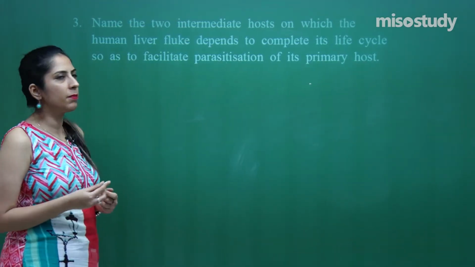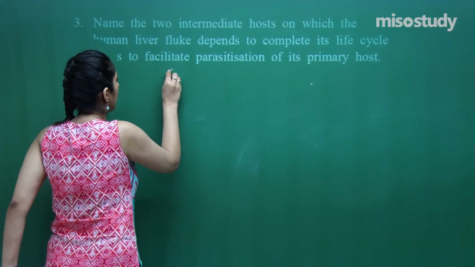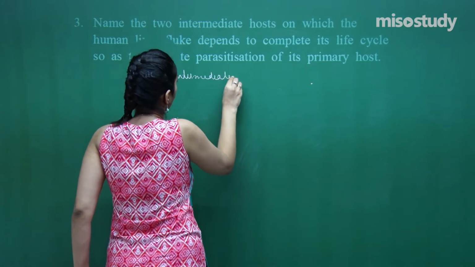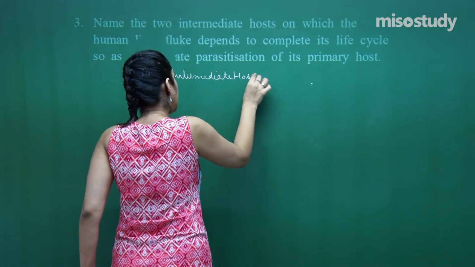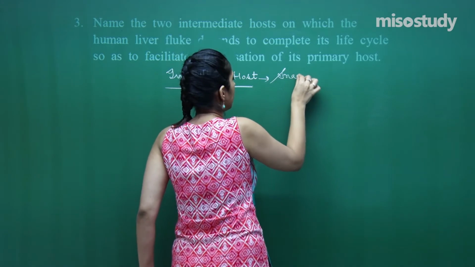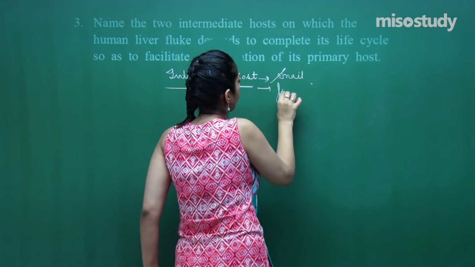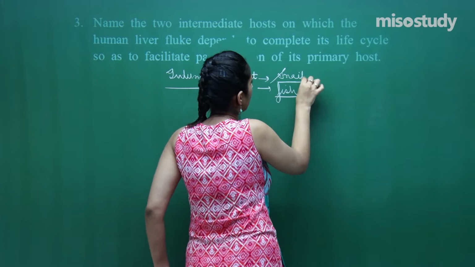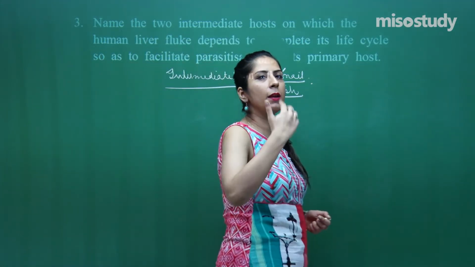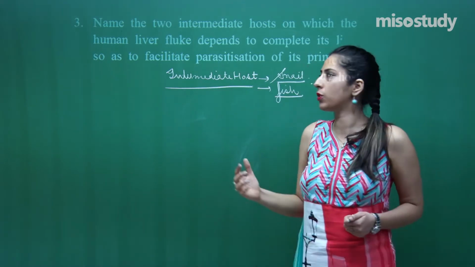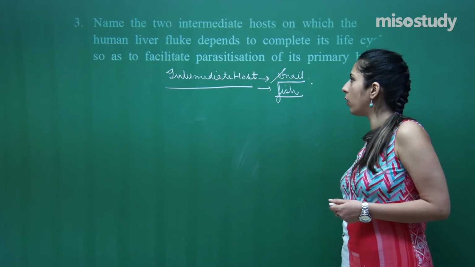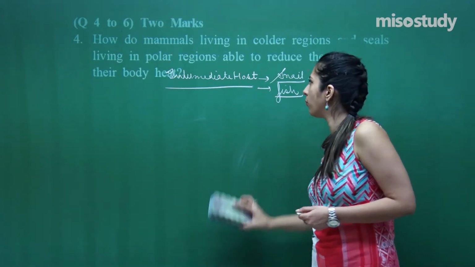The intermediate hosts in this case are, first a snail and second a fish. These are the two intermediate hosts, so that they can parasitize the primary host. So this is the correct answer for question number 3. Let us move on to question number 4.